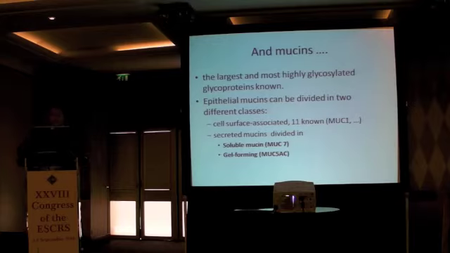Epithelial mucins can be divided in several classes, and those which are concerned for the eye are the cell surface associated. Eleven are actually known, and also the secreted ones divided in soluble ones, and the gel-forming mucins. It's probably the most important on the surface of the eye, and that's what we are going to study now.